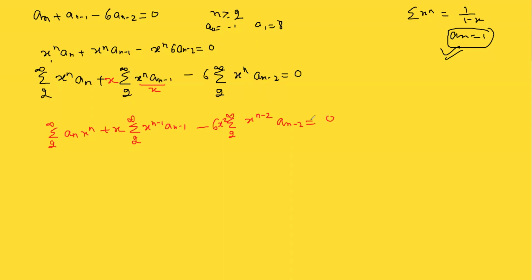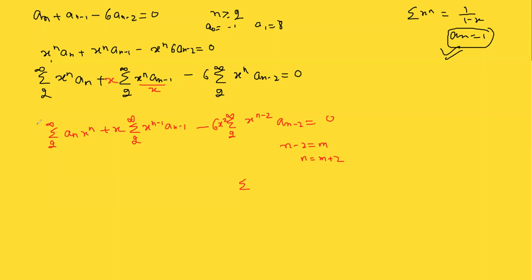Okay. Let's suppose this is m. n minus 2 is m. Then n becomes m plus 2, right? Because it should start from 0. Then only you can take what?